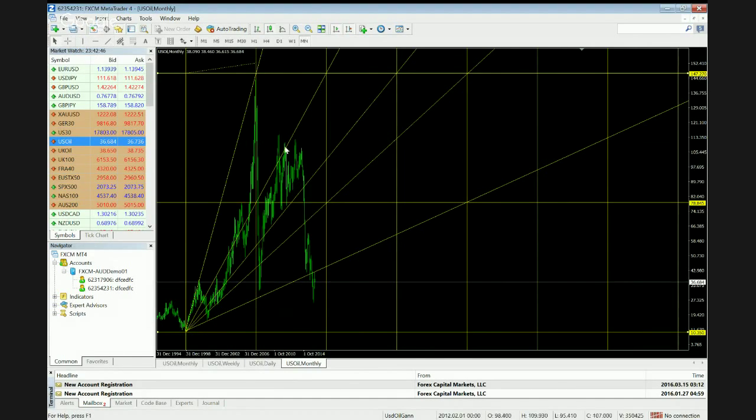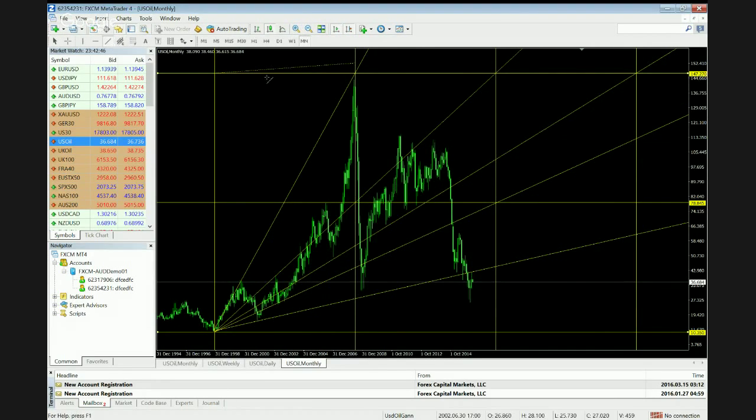This is the uptrend, and then we are exposed to the downtrend. So it's a new trend, so this is 1 by 1.